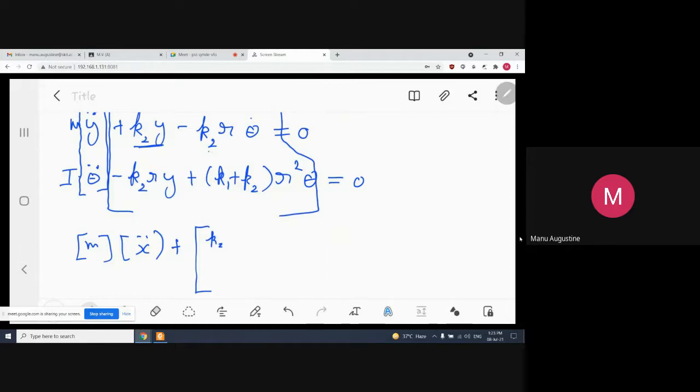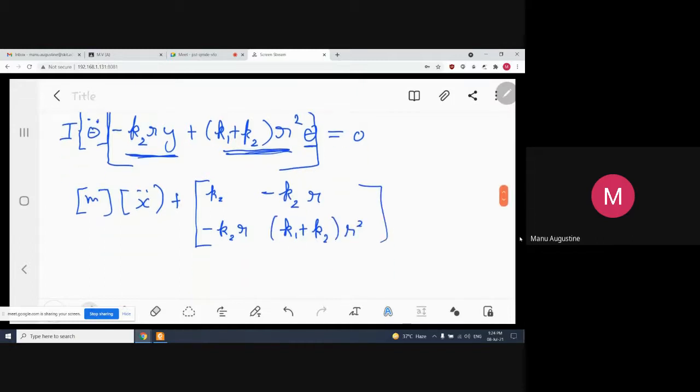The second term is minus k2r theta. So the second term inside the K matrix will be minus k2r. This term is minus k2ry. So the term inside the K matrix would be minus k2r. And here it's k1 plus k2 r square theta. So I will leave the theta out and it will be simply k1 plus k2 times r square. This is my K matrix. So if you have the differential equations of motion, it's very, very easy to construct the K matrix.